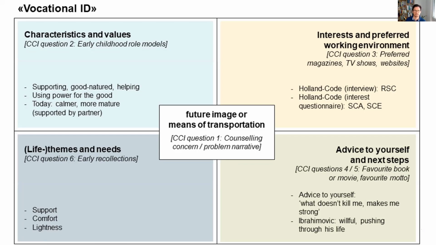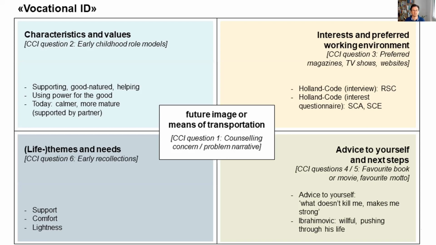So that's He-Man, and he said that the second role model was a neighbor and later friend, and he described the friend as a quiet person who had gradually opened up and was now a joker. So that's how he described the friend. And he himself had become calmer over the years.